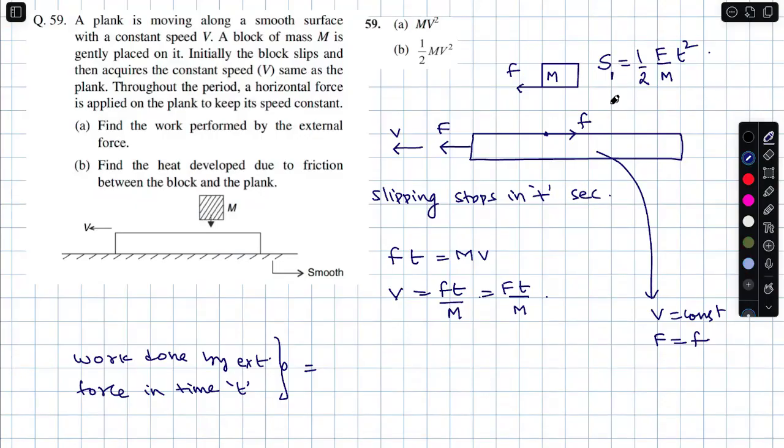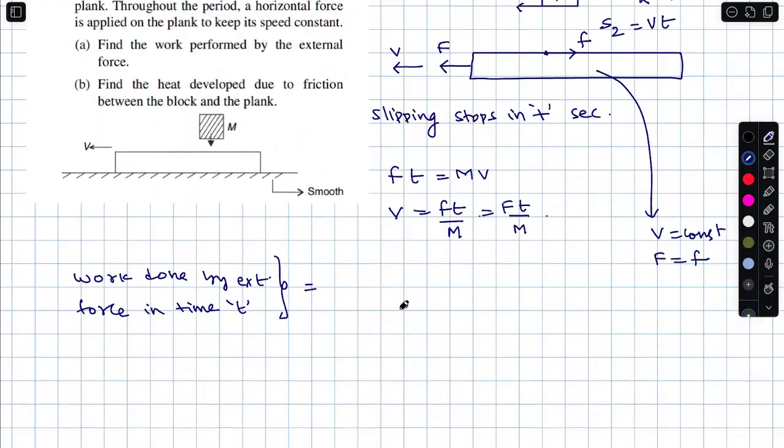What is the displacement of the lower part? Simply vt, because it is moving with constant velocity. So therefore, if you ask me what is the work done by the external force, I'll simply say F into vt. But F can be written as mv by t into vt, which is nothing but mv square.